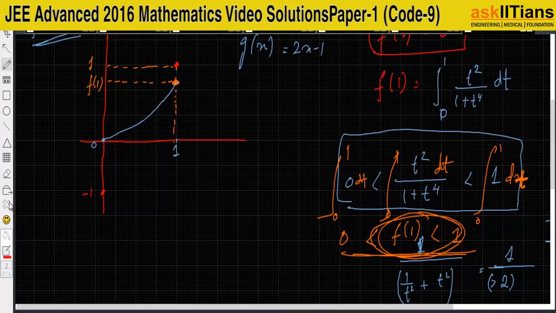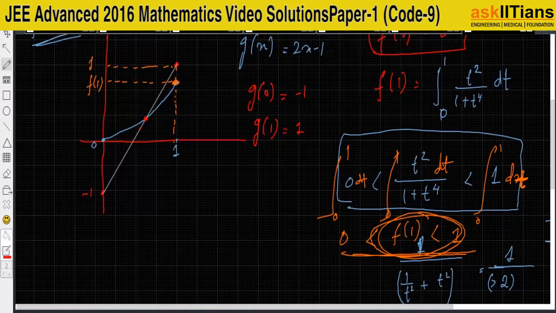So the graph of this straight line will be something like this. So g of 0 is minus 1, and g of 1 is 1, but f of 1 is less than 1. So these graphs will surely intersect at one point.